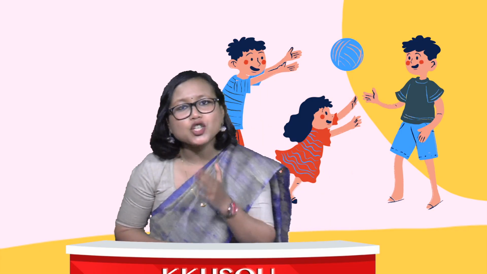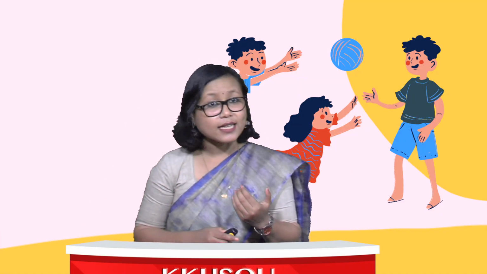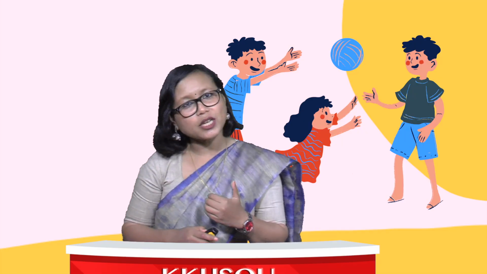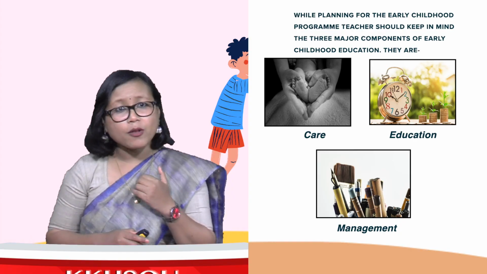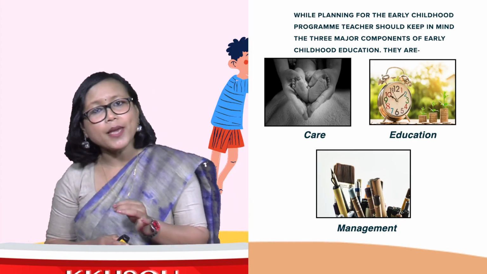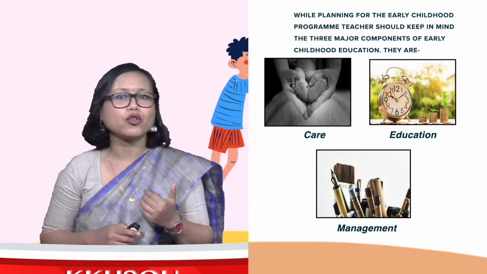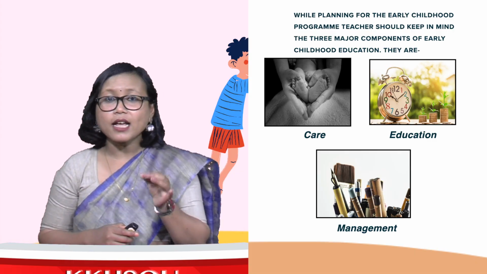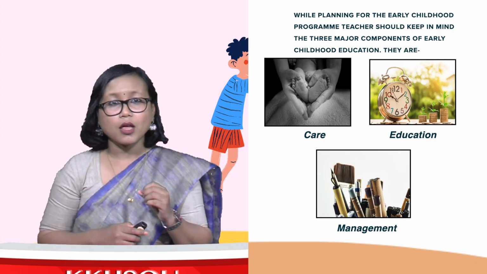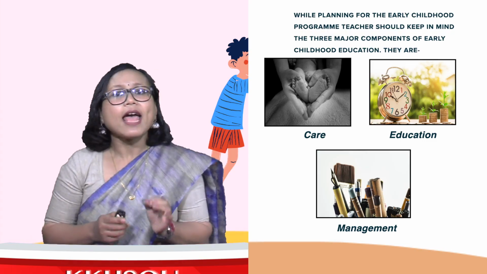Now, let us discuss three major components of early childhood education, that is, care, education, and management. So, care involves ensuring the well-being, safety, and emotional support of children. This component focuses on creating a nurturing environment where the children feel secure, valued, and loved.